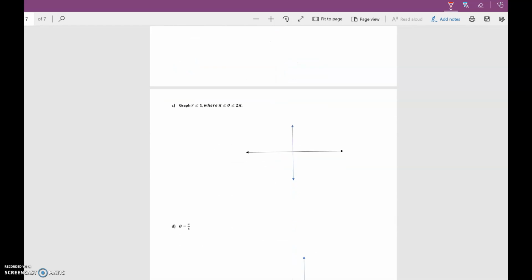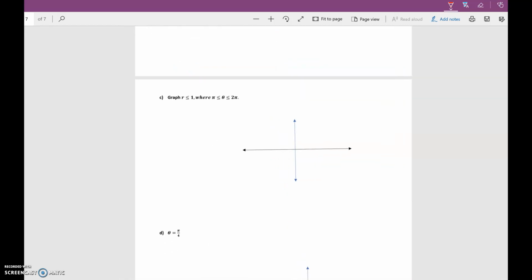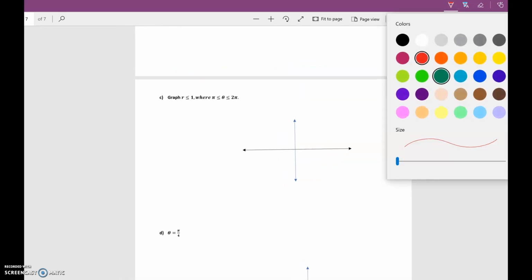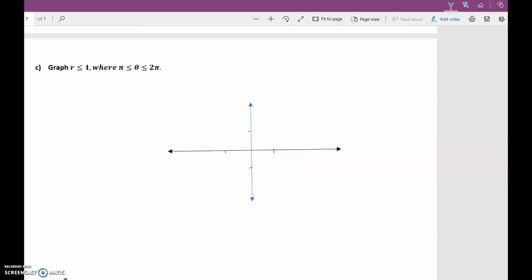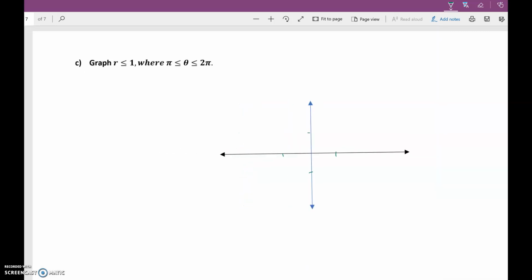Let's take a look at problem C. In problem C, we're still talking about a circle, but we're not going to shade the entire circle. We're only looking at pieces. So we're looking at this portion here.